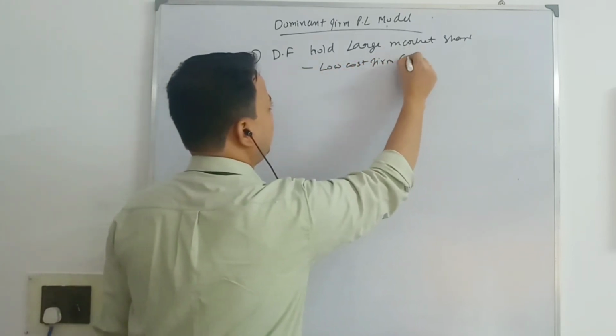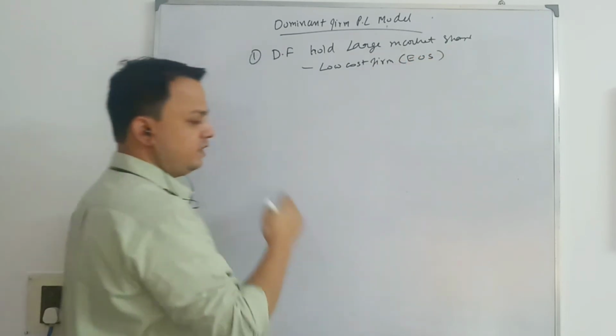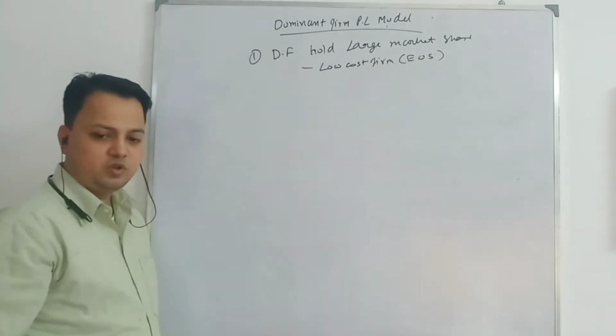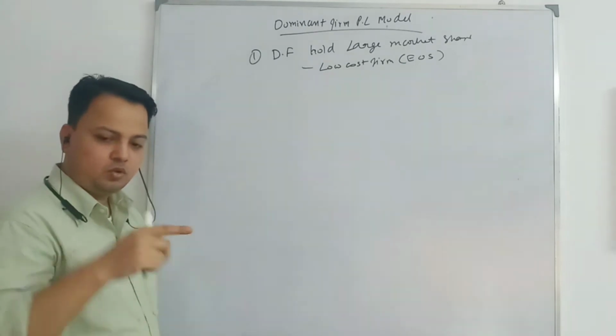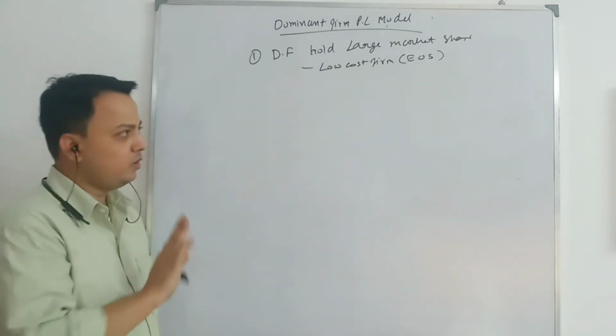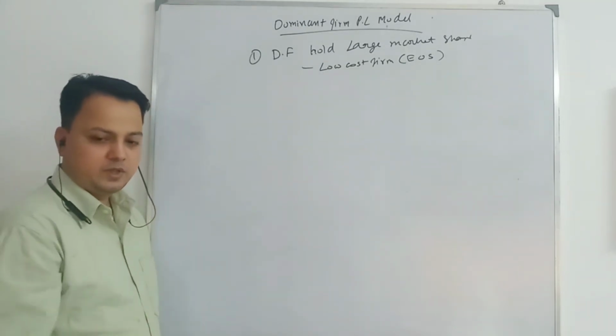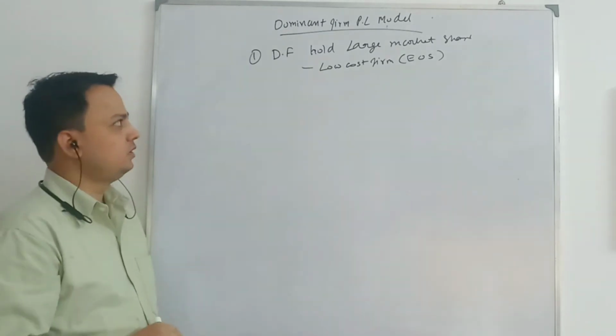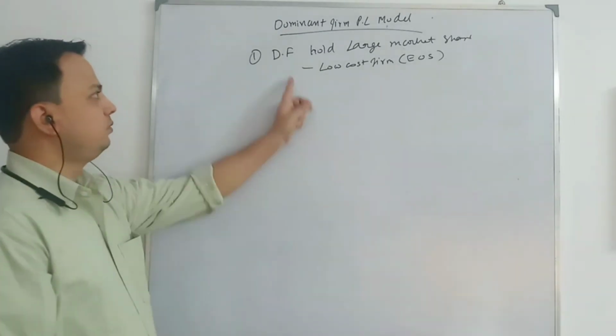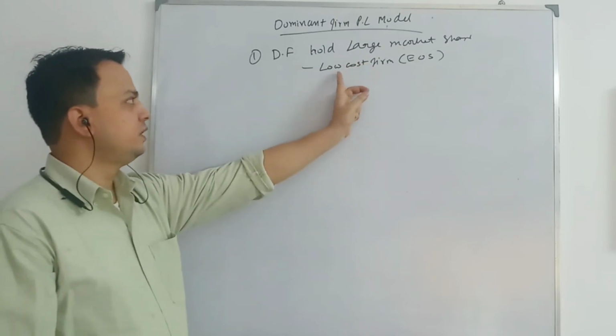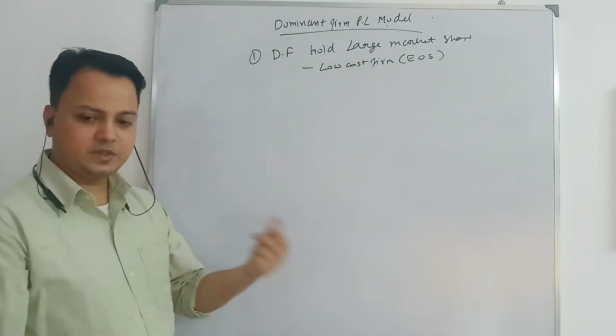That means it has economies of scale: as it produces more, its average cost, per unit cost, declines. Those who have done the introduction video know what economies of scale is, and I have discussed it in short and provided the explanation.